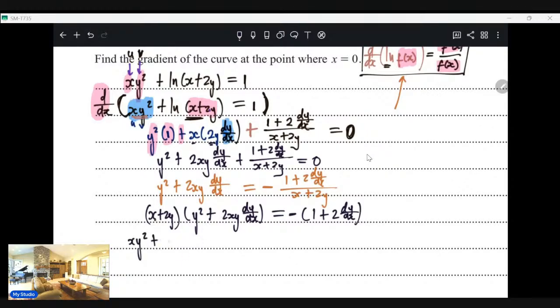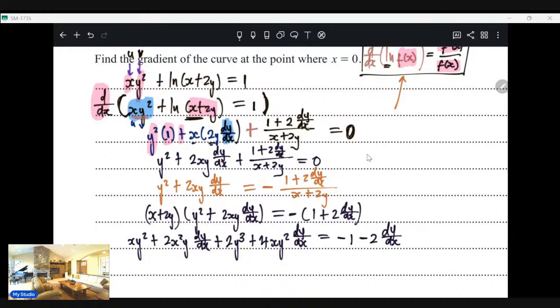Plus x times 2xy becomes 2x squared y with dy/dx. Then plus 2y times y squared, it becomes 2y cubed. Plus 2y times 2xy, it becomes 4xy squared, and you put your dy/dx. Are we together? And it will be equal to negative of 1 plus 2 dy/dx. If you want to expand, it becomes negative 1 minus 2 dy/dx, like this.